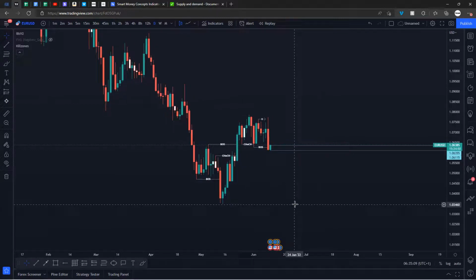Nice. So price has now reached the point of where there was a larger weekly swing, and there's been a bearish daily change of character, indicating supply has regained control. And we could see the overall bearish trend continue from here.